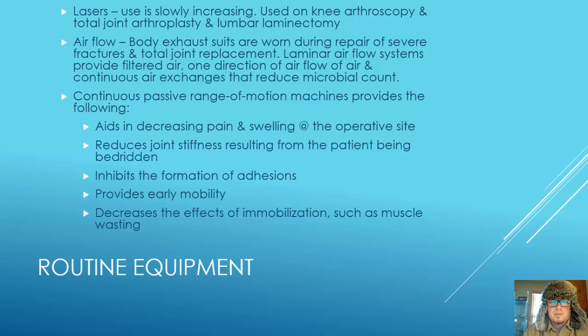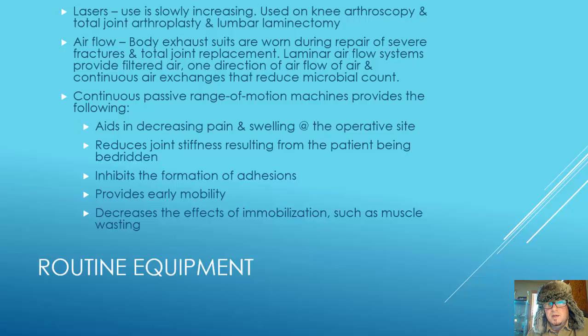Continuous passive range of motion machines are used to inhibit adhesions mainly, but also, like I said in class, we're trying to increase that degree of range of motion. So if you've had an injury and you've had physical therapy, you're trying to gradually gain in degrees of motion.